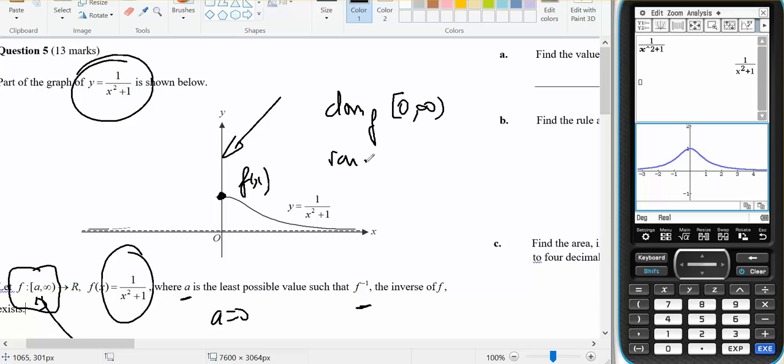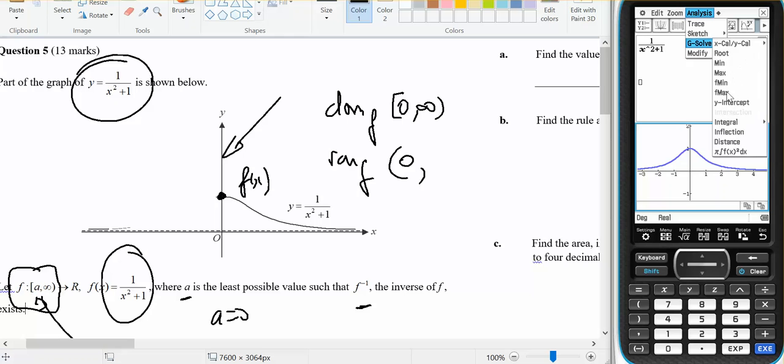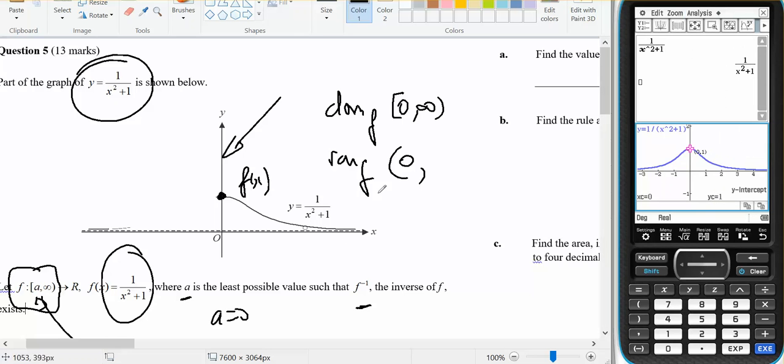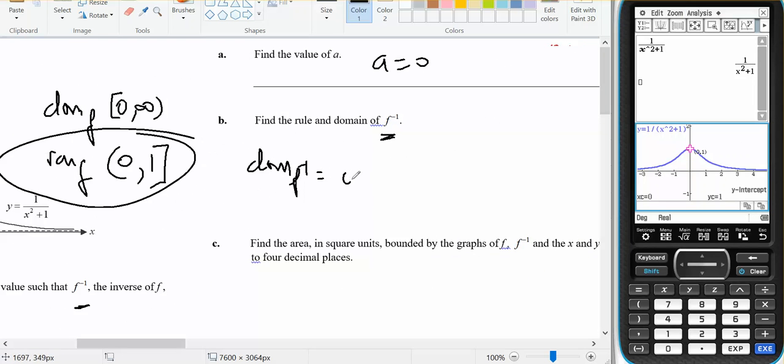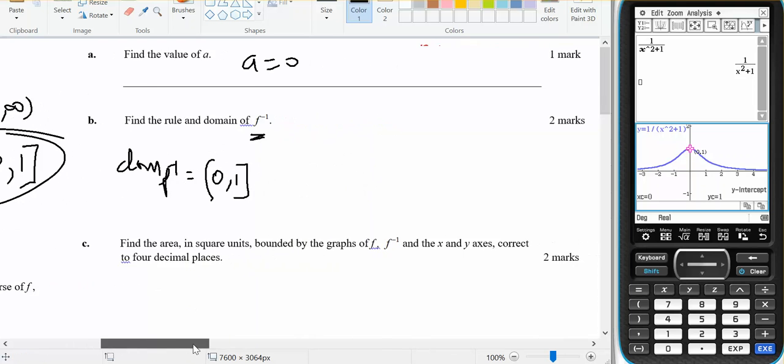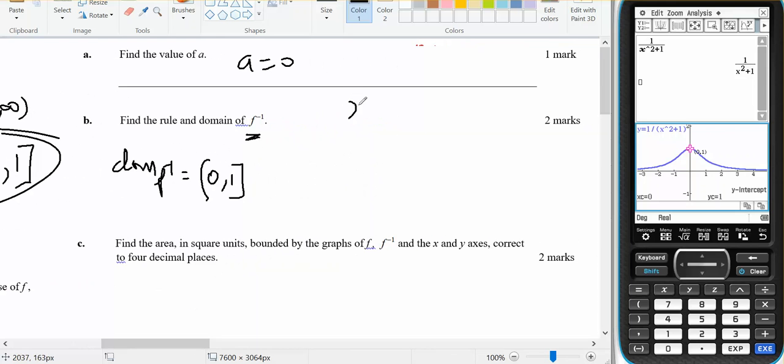The range of F is 0, because it's an asymptote, up to y-intercept 1, and it's a square bracket on the 1. So when I'm working out the rule, the domain of the inverse will be the range of the original, 0 to 1. And instead, x will equal 1 on y squared plus 1.